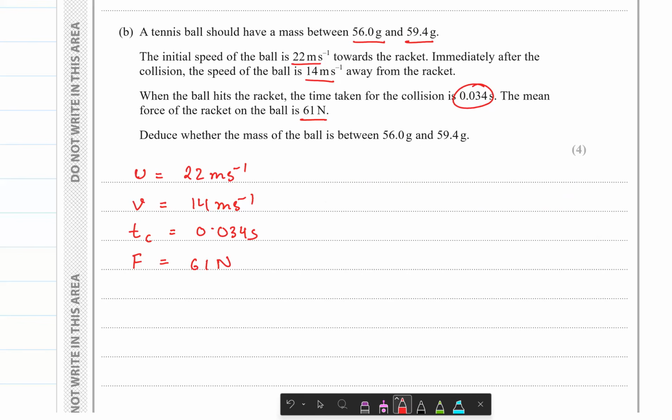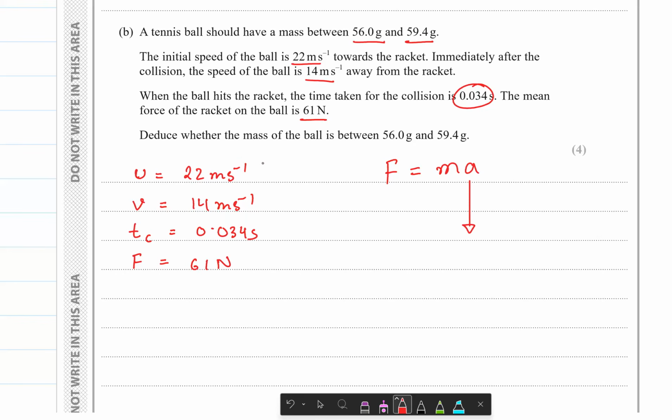So I have to use a different approach. I have to find out the mass of the ball somehow. Since they have given me the force, I can use the classic force formula, F equals mass times acceleration. However, the acceleration is unknown.